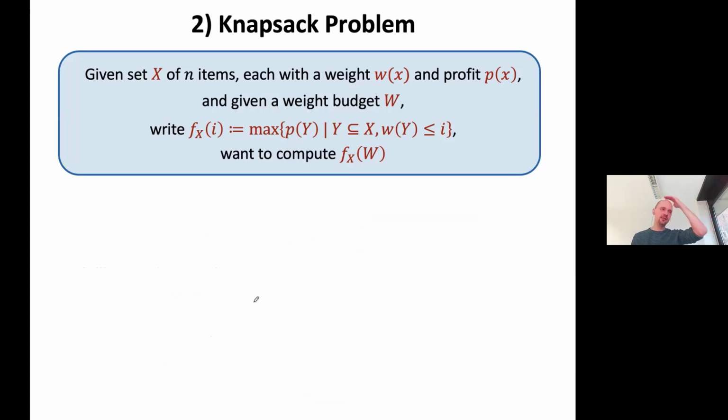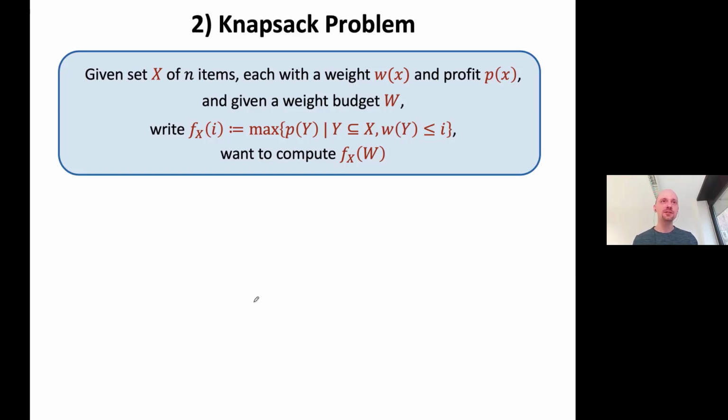Right, this was subset sum with other parameters. Now, the knapsack problem. This is one way of writing the knapsack problem, maybe not the most intuitive, but the one that makes sense for what I want to tell you. So now we have a set of n items. Each item has a weight and a profit.